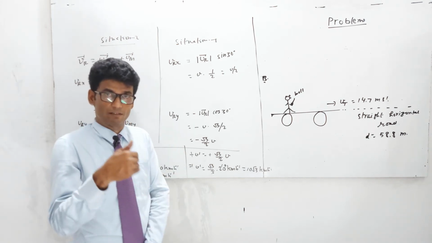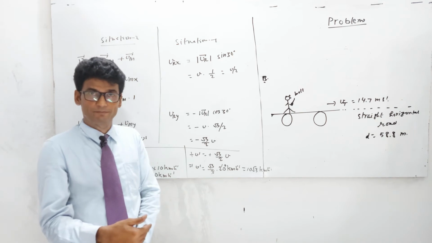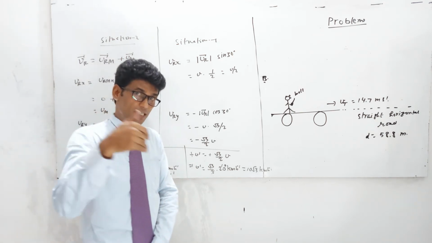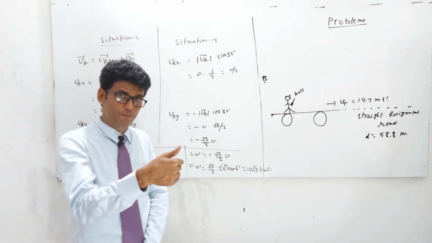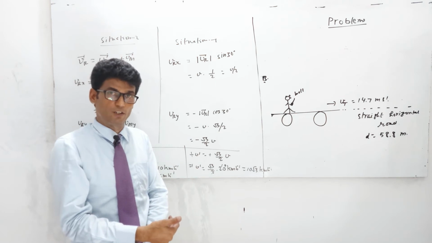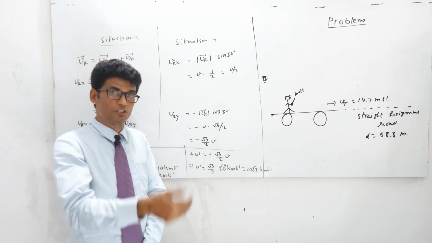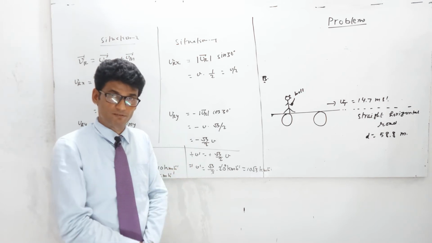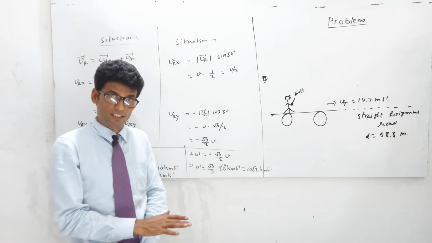And the same problem, that is the speed and the angle of projection of the ball with respect to a ground observer, one who is either sitting or standing on the ground, not moving with respect to the ground. So the question is very clear now.